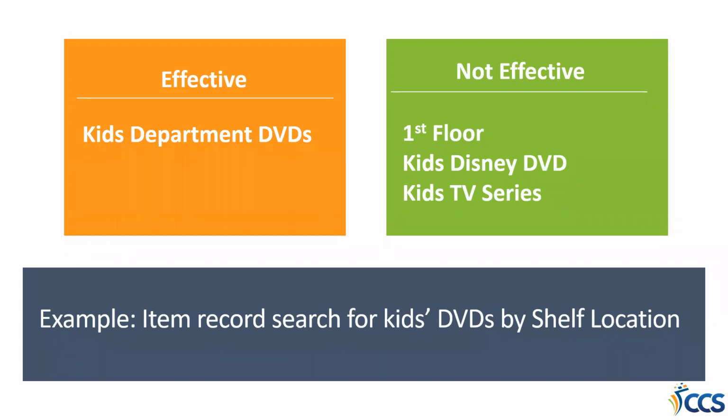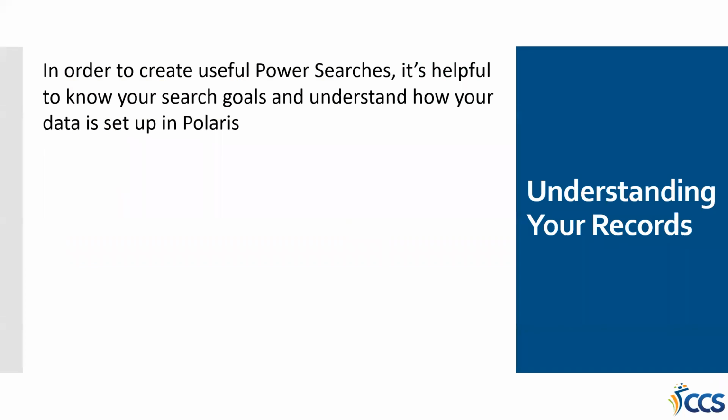So for those libraries, a shelf location access point is not going to be the most effective. So again, the effectiveness of an access point can depend on what your goals are when searching and how the record fields and data are used in Polaris.